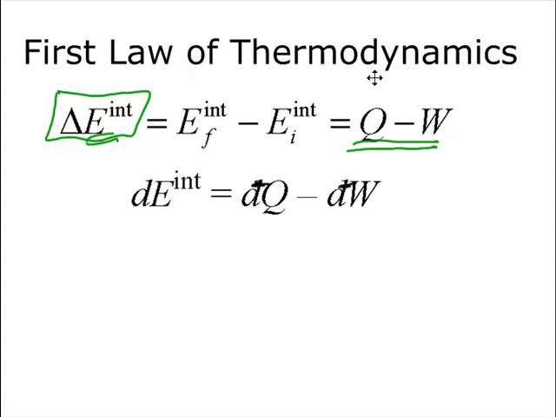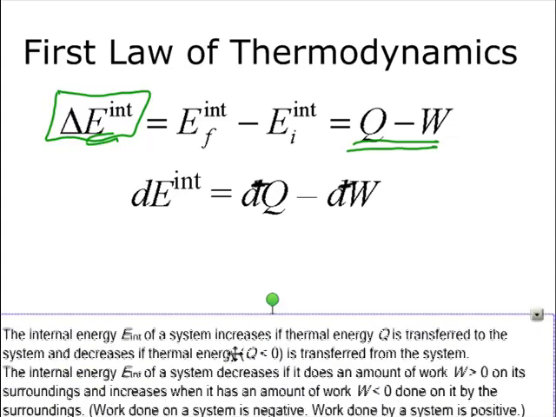This is called the first law of thermodynamics, and it's essentially just a statement of conservation of energy. The total change in energy of a system is equal to the amount of energy you add through thermal means because of a temperature difference, known as heat, or through forces, known as work. A couple of comments.